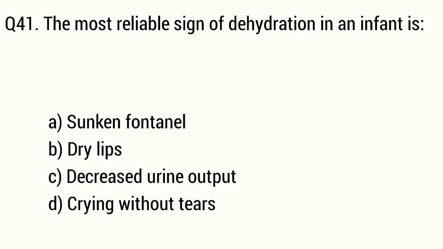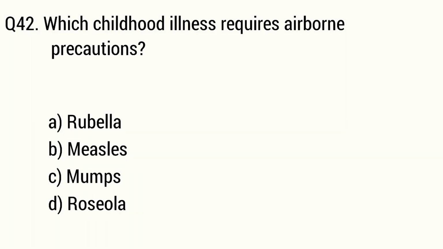Question number 41. The most reliable sign of dehydration in an infant is. The right answer is option B, dry lips. Question number 42. Which childhood illness requires airborne precaution?